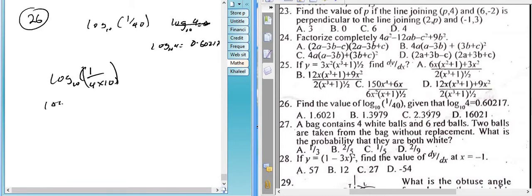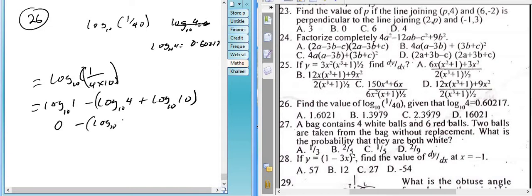So we have log₁₀ 1, then division becomes subtraction, minus log₁₀ of 4 times 10, and multiplication becomes addition, so minus log₁₀ 4 minus log₁₀ 10. Log₁₀ of 1 is 0, which is constant, then minus log₁₀ 4, which is given as 0.60217, then minus log₁₀ 10, which is 1.